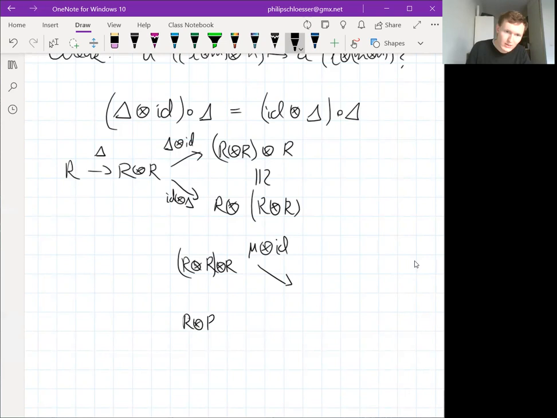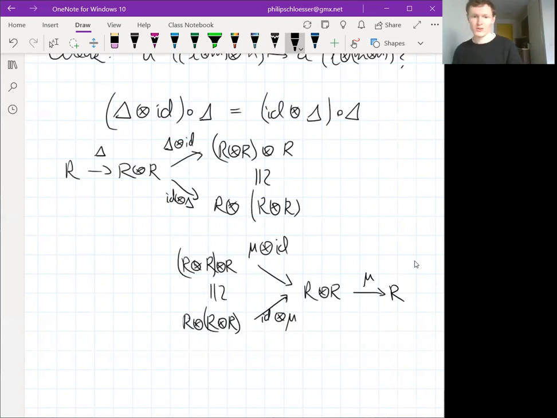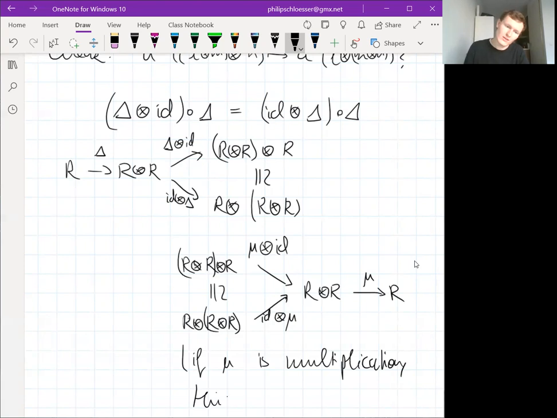Same way we could apply multiplication to the second component, identity to the first one. Then we get something in R tensor R. And then we multiply again, and then we get something in R. And again, that should commute. So this is, if mu is multiplication, just the law of associativity.